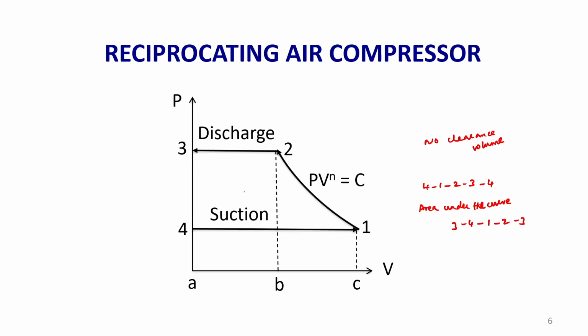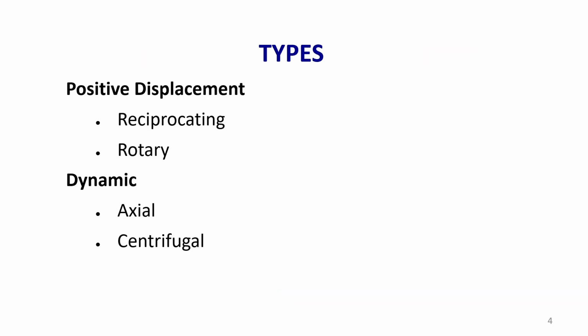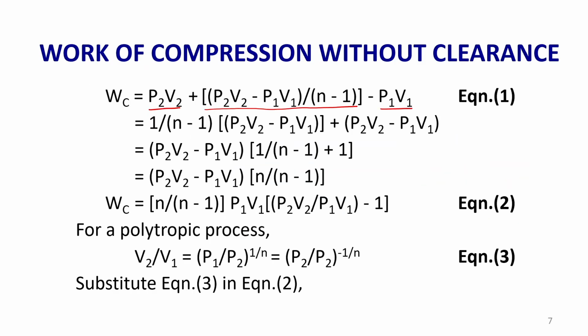Okay. So, here if you see this portion, you take this portion 2 3 AB. So, for that 2 3 AB, the work done is P2 into V2.